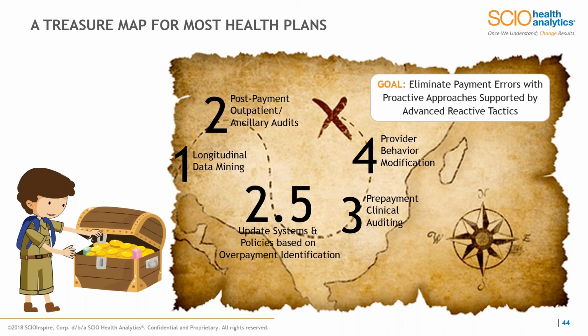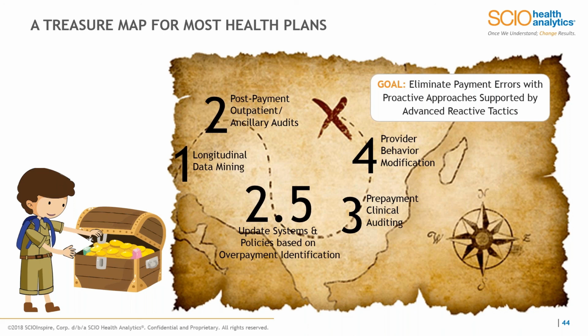Mm-hmm. That makes sense. And as you were speaking, I thought of a question that maybe some on the call are asking. Would you change anything with this approach based on line of business? So if someone has predominantly commercial versus predominantly, let's say, a Medicare Advantage plan, would that impact how you would organize this, or the approach that you would take?